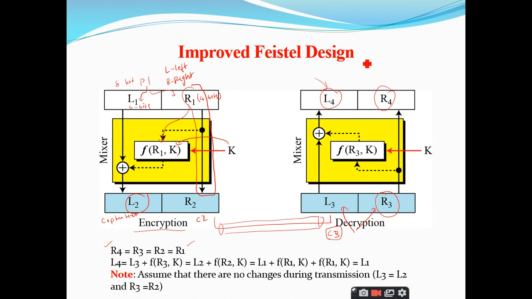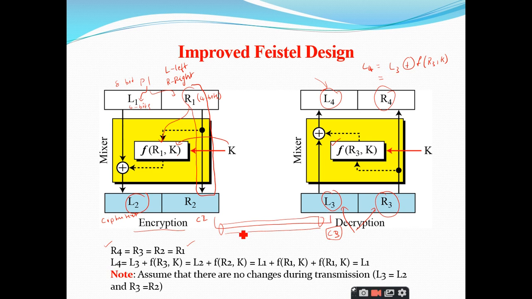L4 is equal to L3 exclusive OR with F of R3 comma K. Is it clear? Is it clear up to this point? Yes, sir.